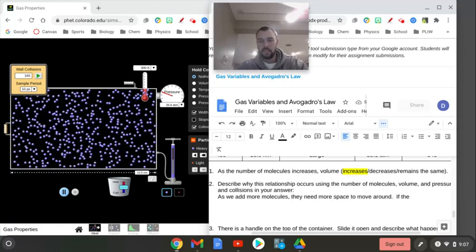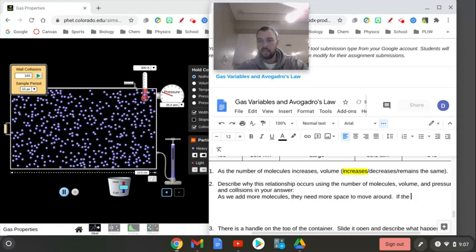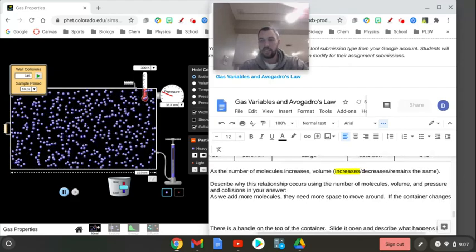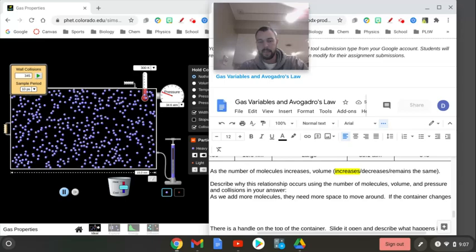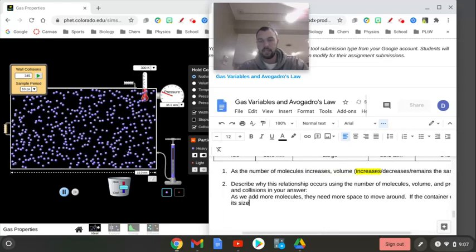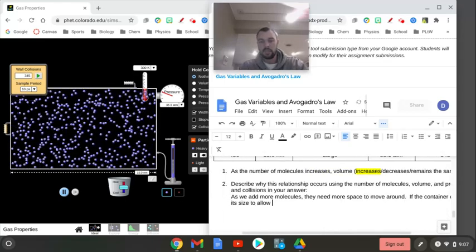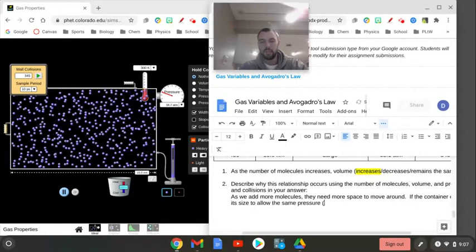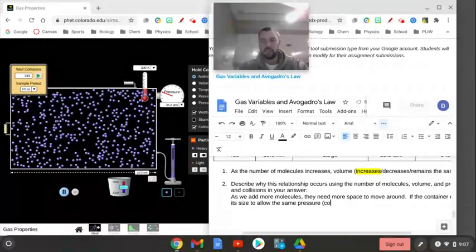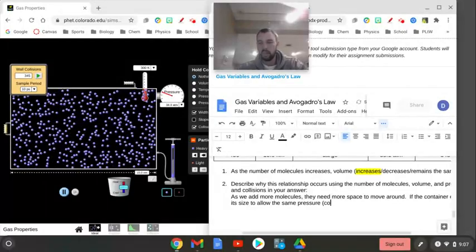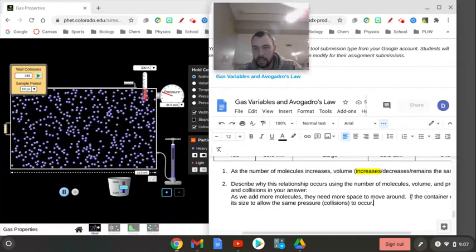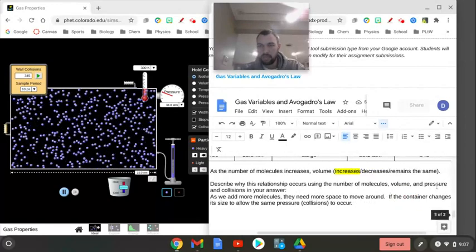If the container changes its size to allow the same pressure, and I'll put in parentheses, pressure is collisions to occur. Okay. I am going to just kind of make this one sentence.